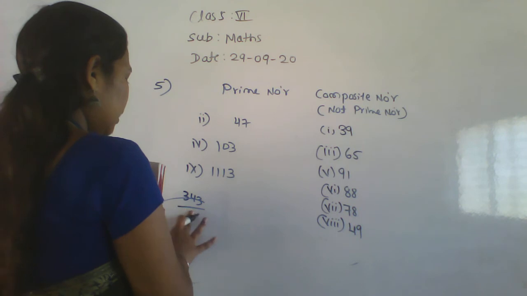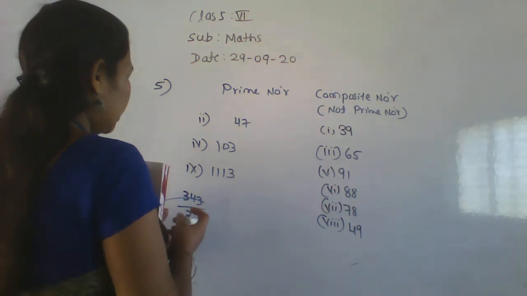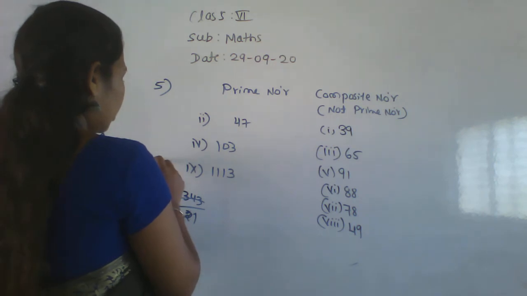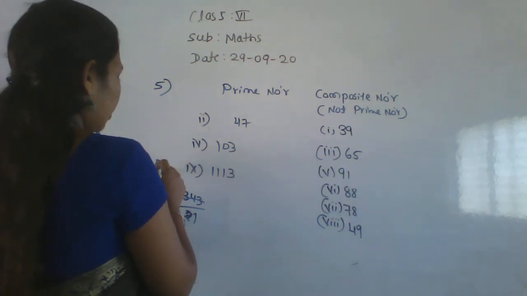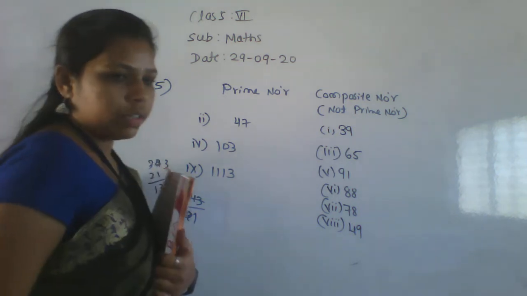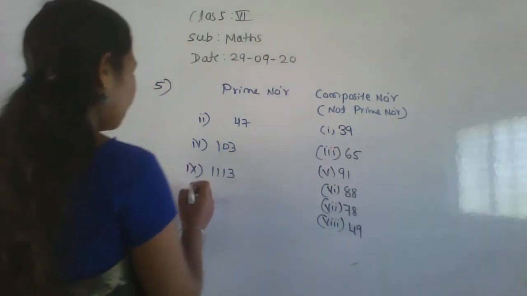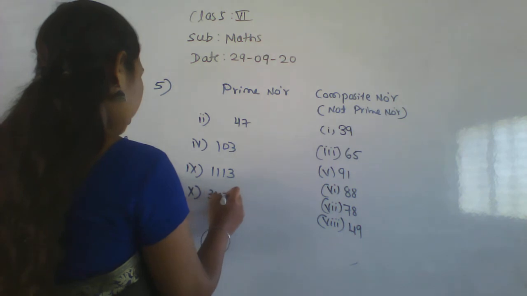No, 3. Not 3, it is 21. 21 is the... No, it is also not divisible by 3. See, yes, 343 is also a prime number.